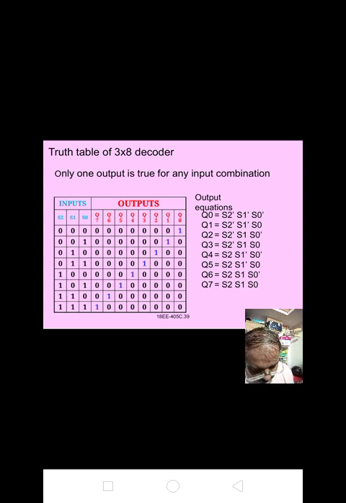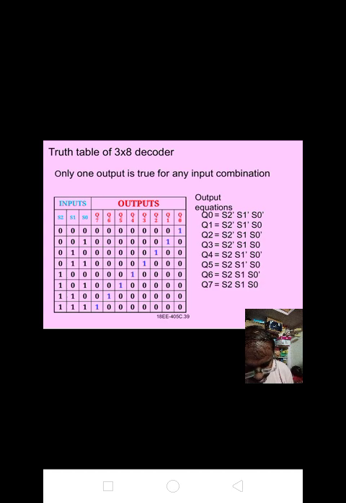For 1 0 0, 0 0 0 1 0 0 0 0, Q4 equal to 1. For 1 0 1, 0 0 1 0 0 0 0 0, Q5 equal to 1. For 1 1 0, 0 1 0 0 0 0 0 0, that is Q6 equal to 1. For 1 1 1, Q7 equal to 1, all others are 0.